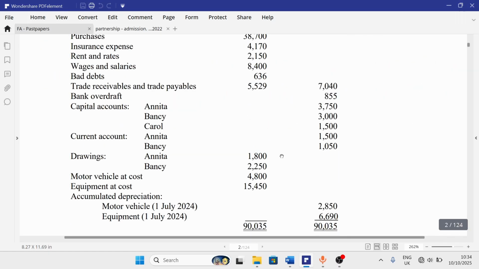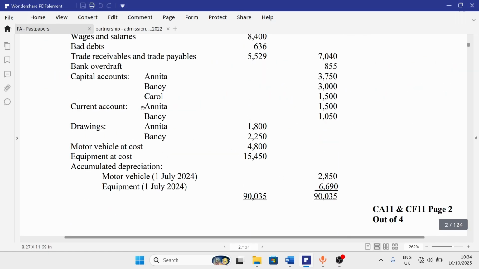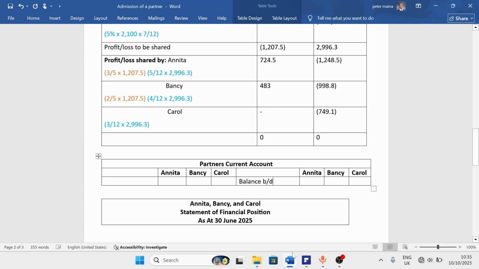In the trial balance, the current account for Anita is 1500, and for Bansi, the amount is 1050. Because Carol was admitted in the current year, she does not have a balance brought down in her current account. So we are just going to record for Anita 1500 and Bansi 1050.